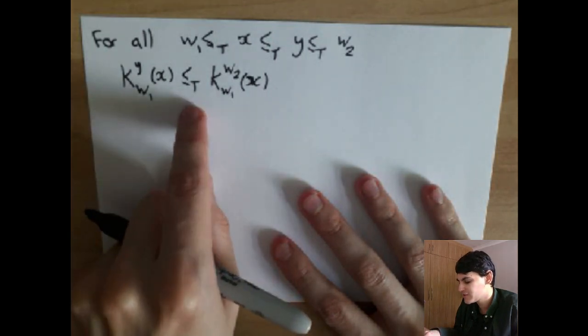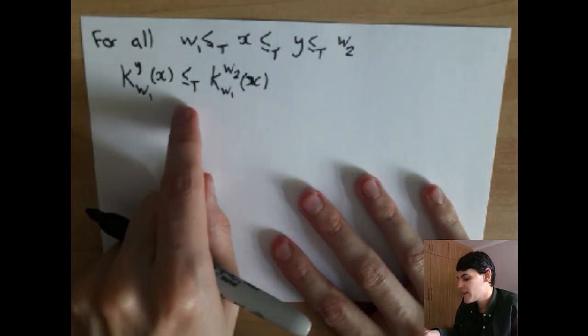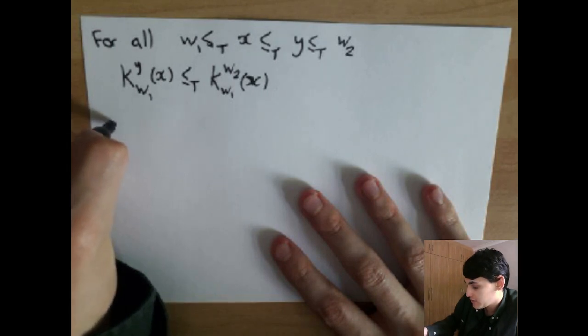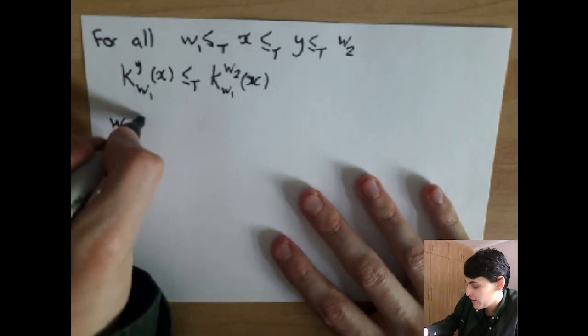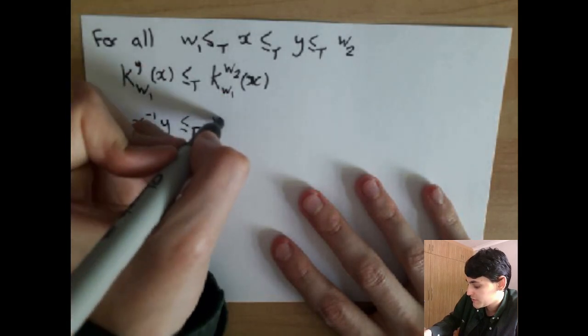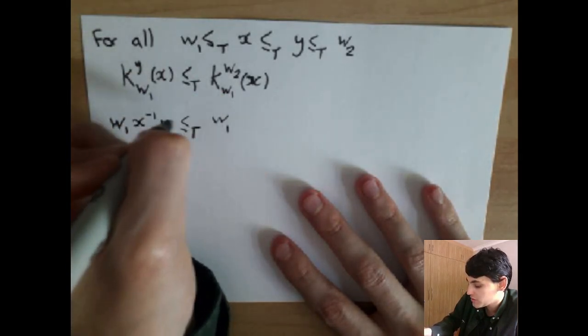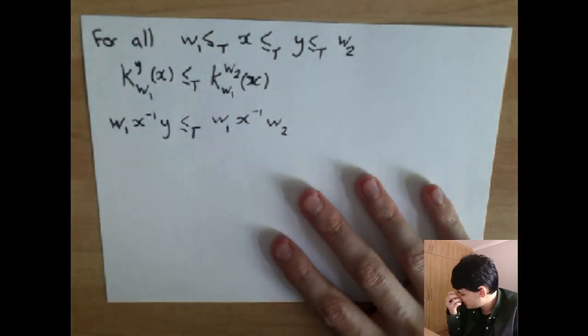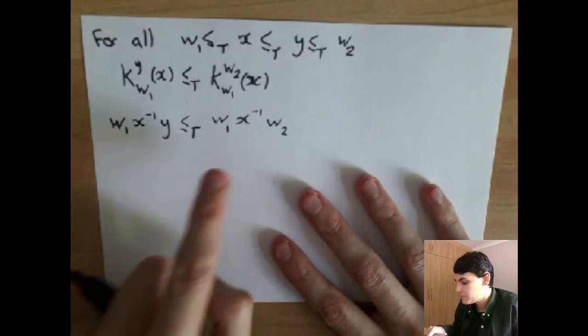That looks confusing, but what it's saying is, let's work this out quickly. You have W1 x inverse y less than or equal to, with regards to t, W1 x inverse W2.